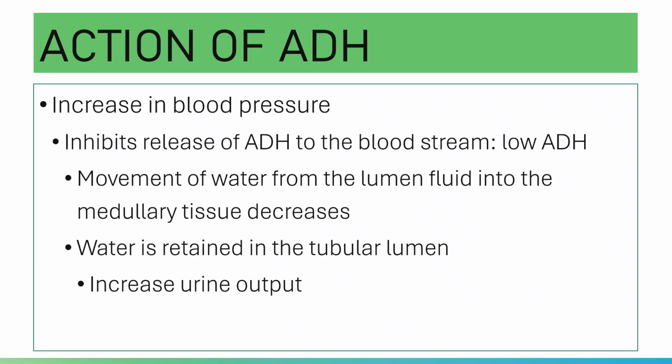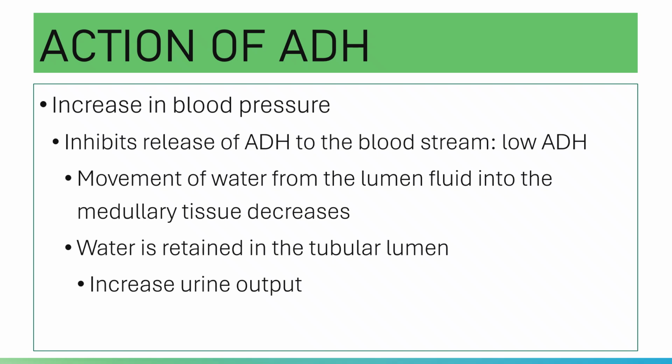To sum that up, if there is an increase in blood pressure, ADH is inhibited. The cells of your collecting tubule are not permeable to water, thereby retaining the water inside the lumen.